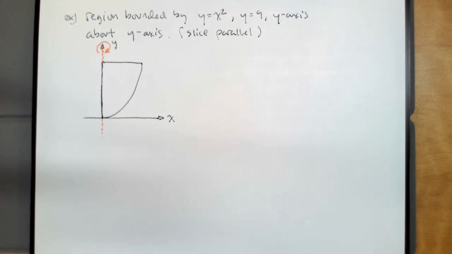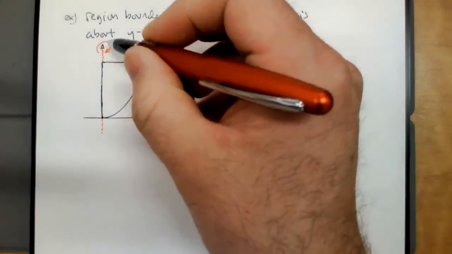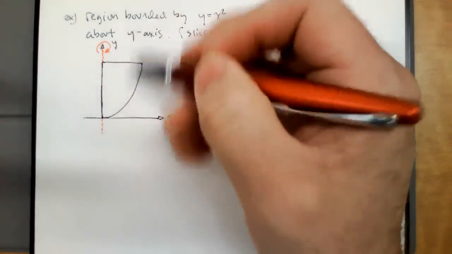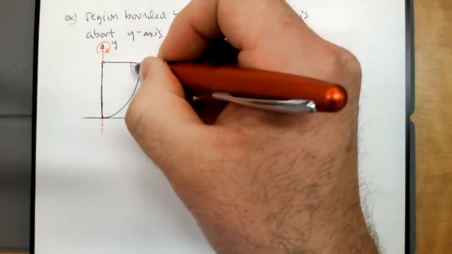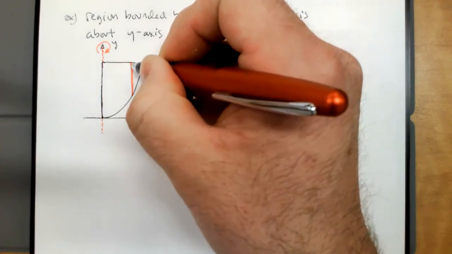So now we're going to slice parallel to the axis of rotation. So I pick a generic slice. Here's my axis, so I'm going to slice this way. And I'm just going to put the slice here to give myself space to write.